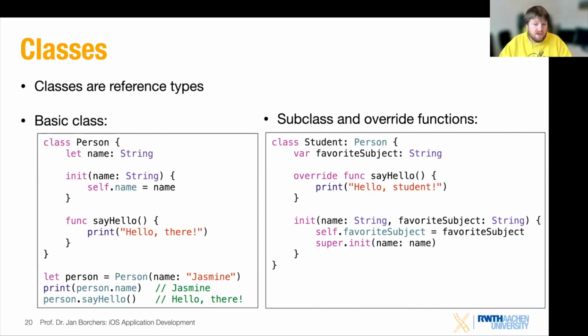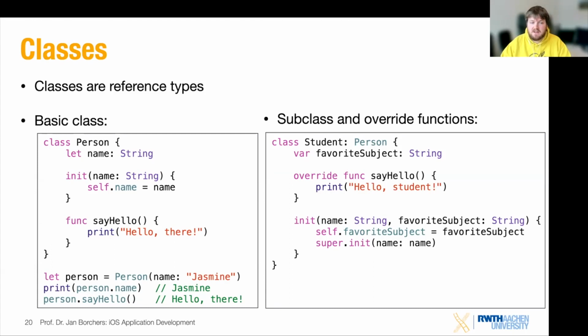And if you have functions that you want to adapt or change, for example, our Person class already had a function sayHello that just said hello there. If our Student wants to say something different when sayHello is called, then you need to add the keyword override.